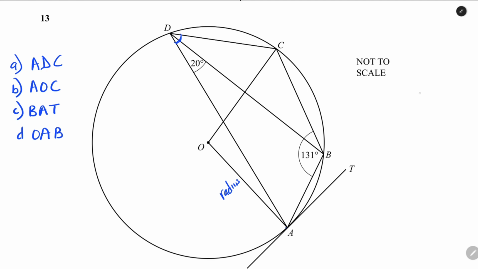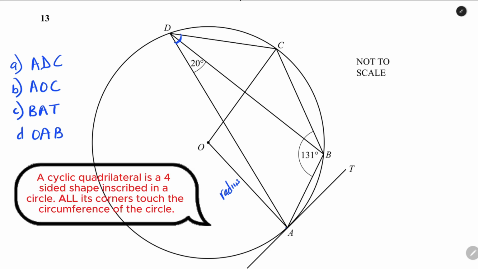If you look critically at ABC, you will notice that ABCD form a quadrilateral. It forms something that looks like this. Let me do a quick sketch here so you could see it. So you have your A, your B, your C, and your D. You see, it's a quadrilateral.